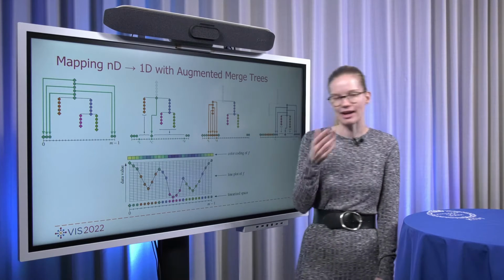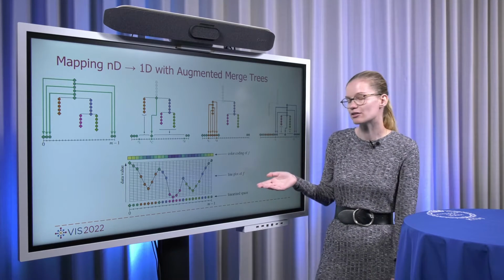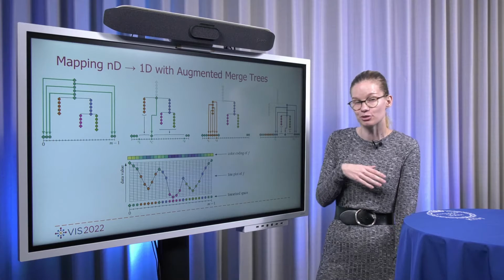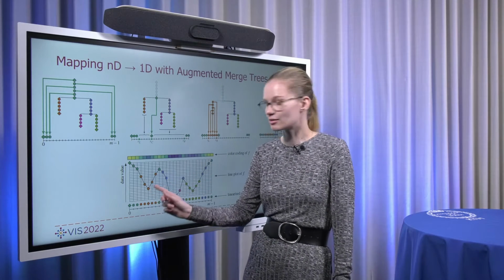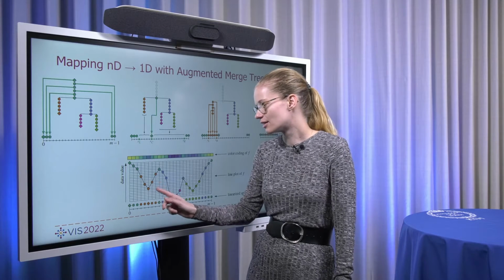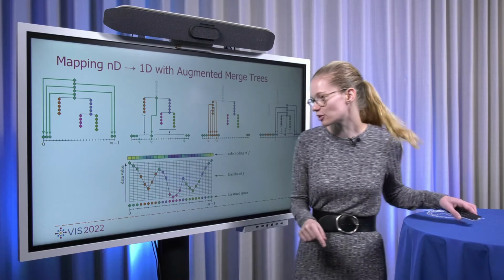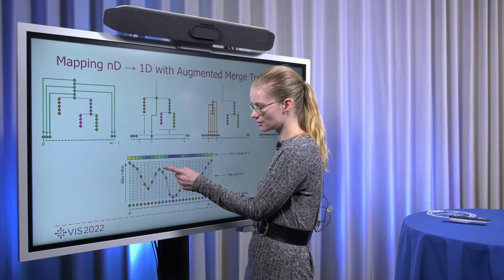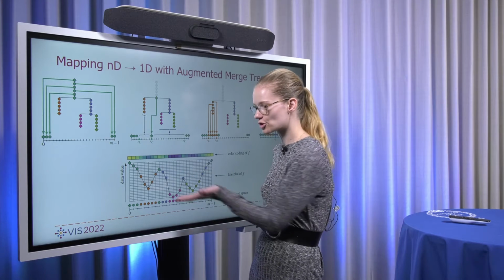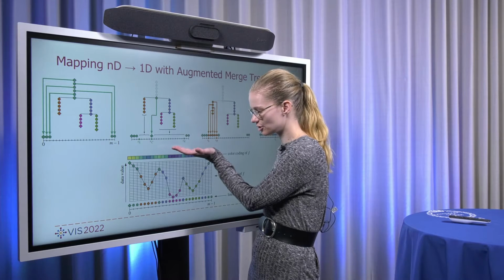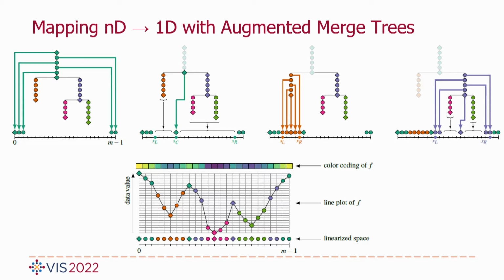If we now add back the scalar information, meaning the value of the original scalar field, then that point will again be a local minimum. And you can also see, similarly, the saddle points here and here are where components would merge if we increase the threshold here. And that means we have created a 1D mapping with, again, the same merge tree.